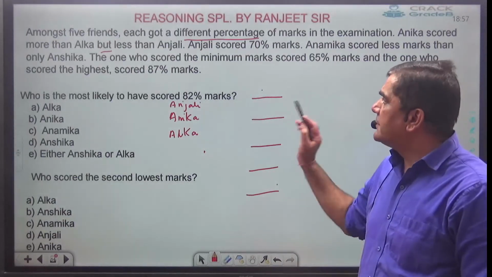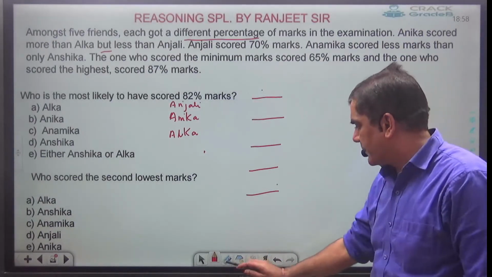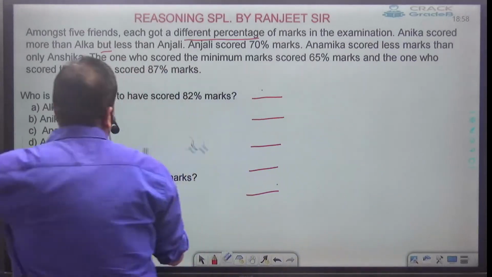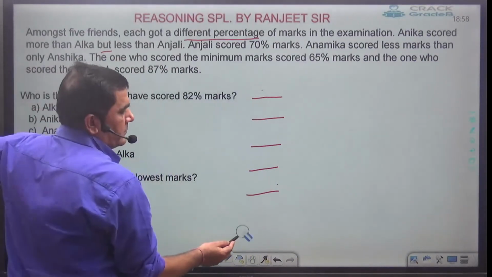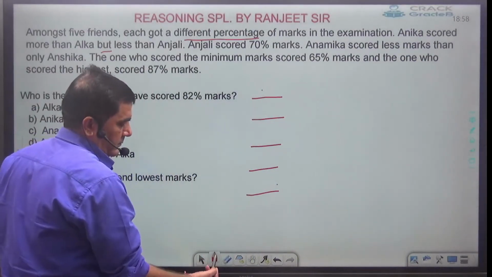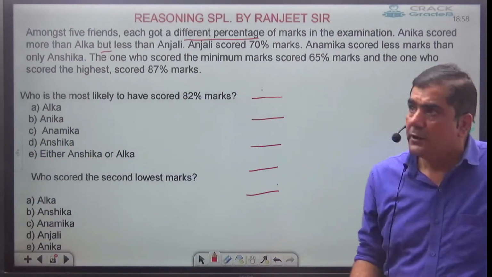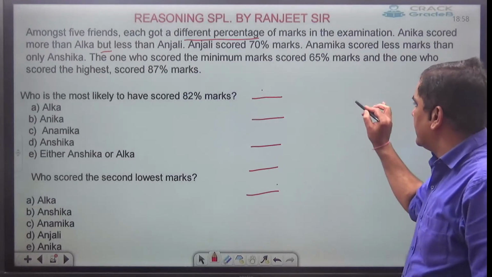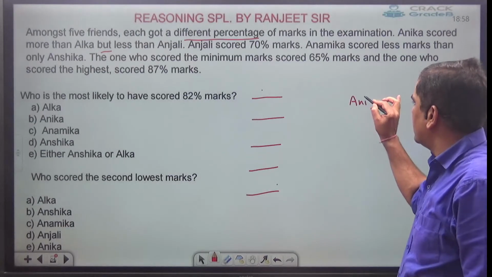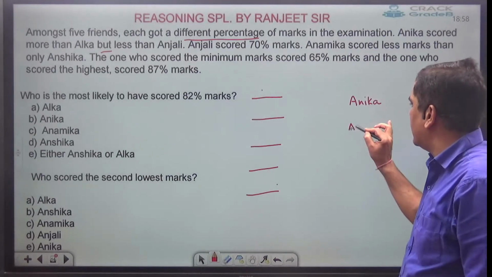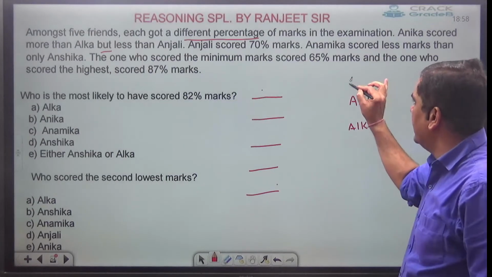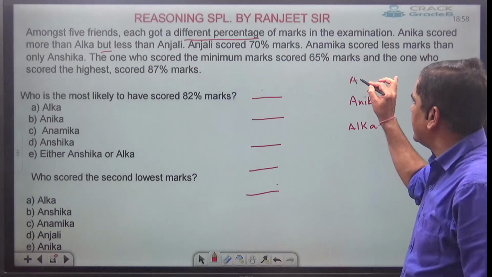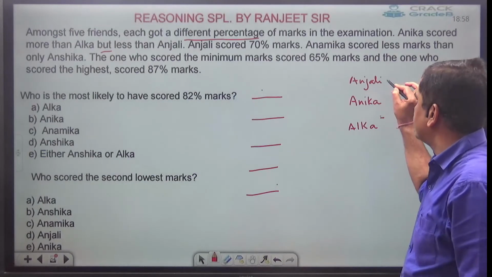Next one. I need to write over here. I need some space. Okay, let's start. Here they are saying Anika scored more marks than Alka but less than Anjali, so Anjali will be at the top among these 3.